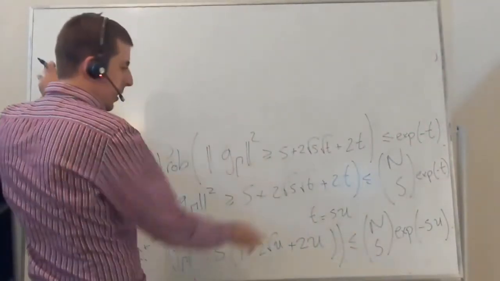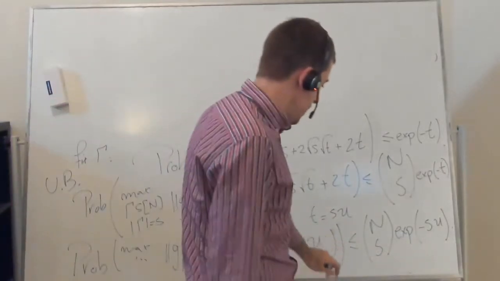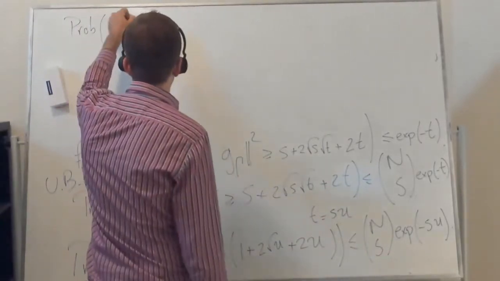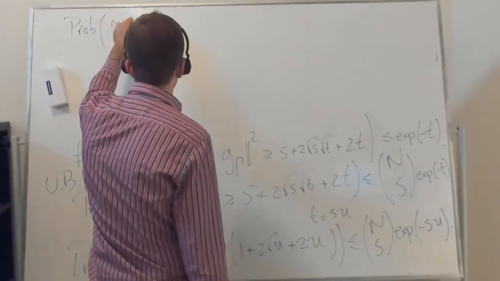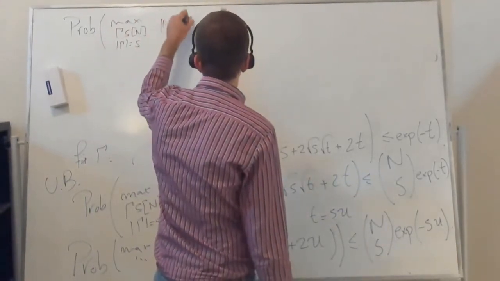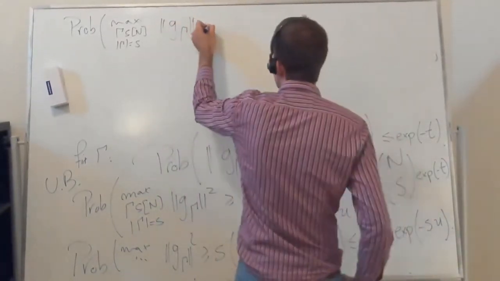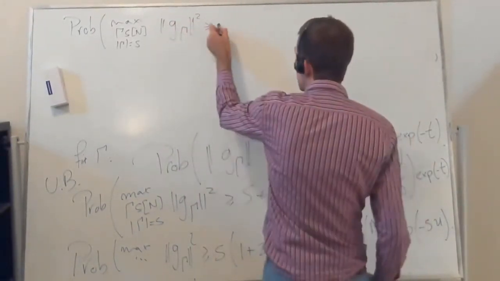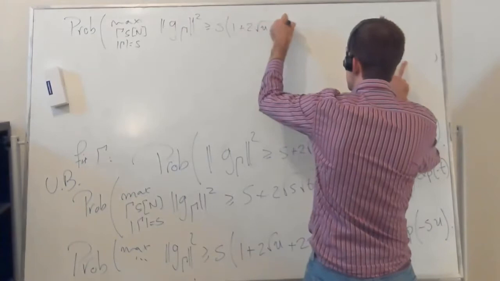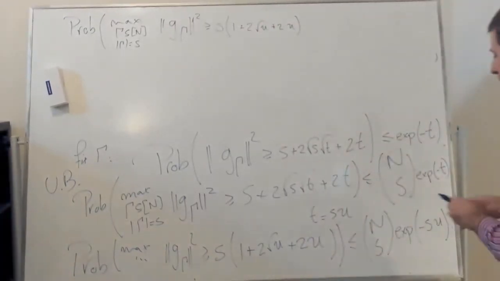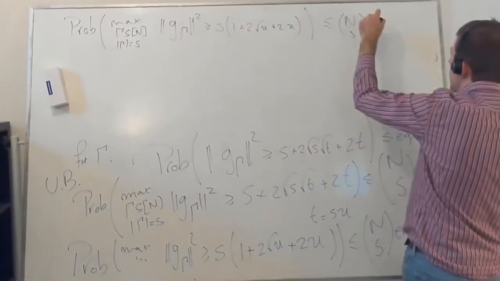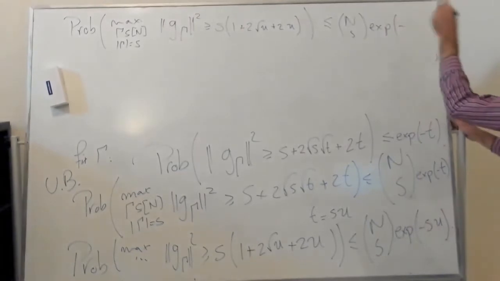So the probability of the max over sets tau of size S, of G tau squared, being bigger or equal than S times 1 plus 2 root U plus 2U, is smaller or equal than n choose S exponential of minus SU.